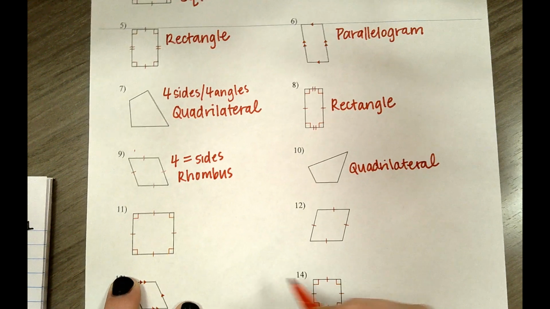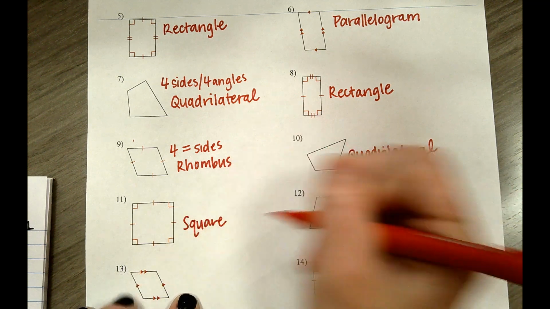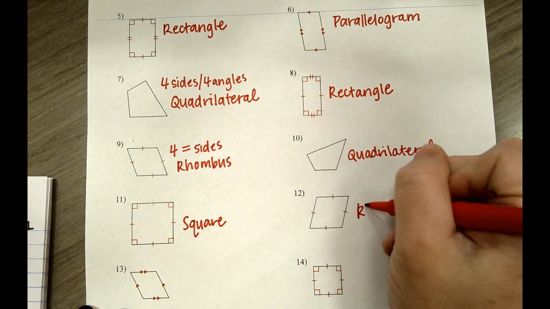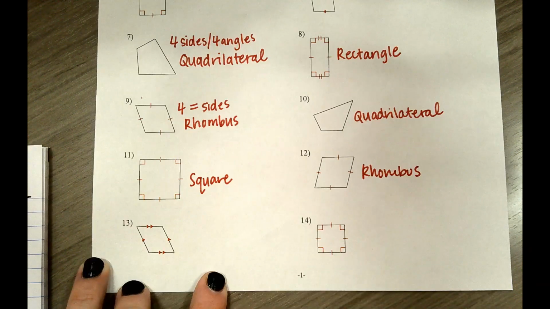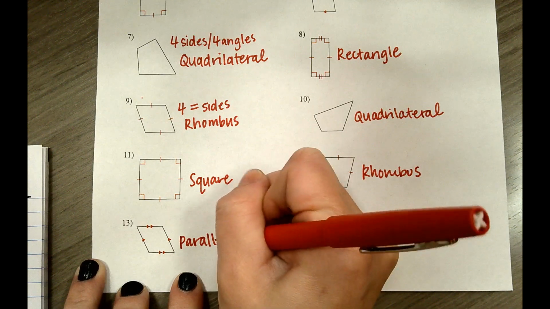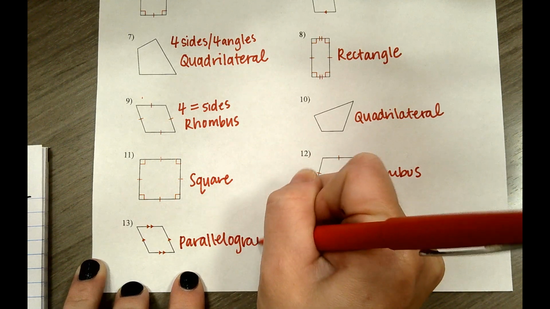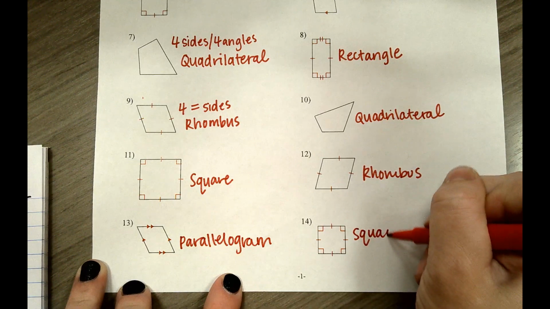Number 11 is a square. Number 12 is a rhombus. Number 13, parallelogram. Number 14 is a square.